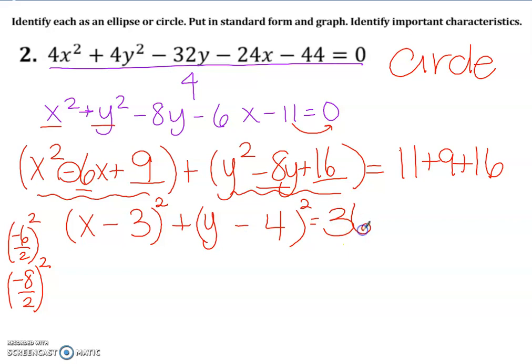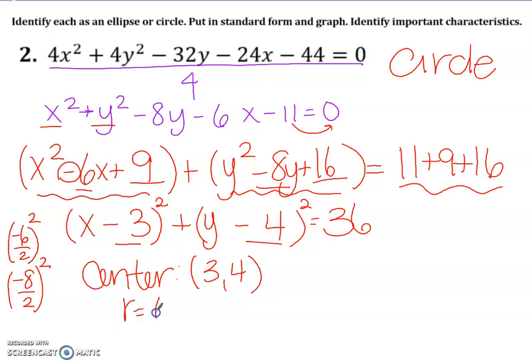And then when I combine everything over here, I get 36. Okay, awesome. And then again, identifying the important characteristics, the center, 3, 4, and the radius equals 6 because of the square root of 36. It says to graph. I'm going to leave that for you to do. So make sure you get this one graphed.